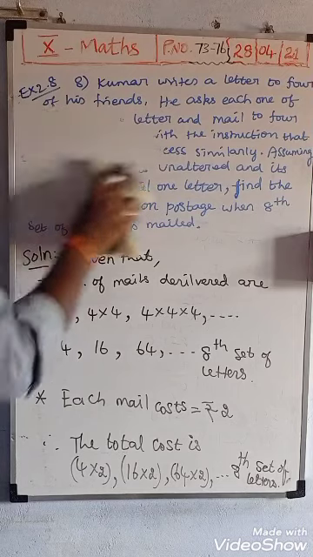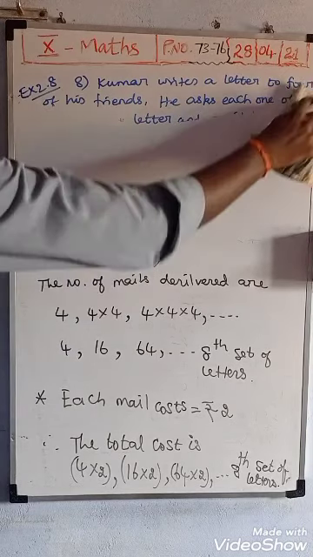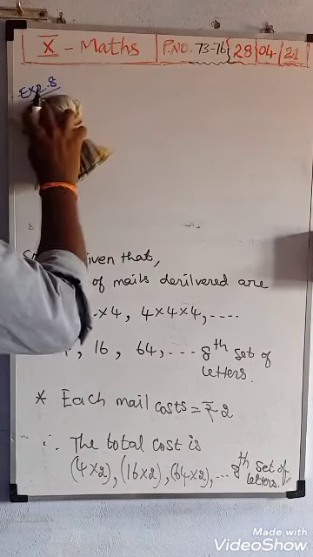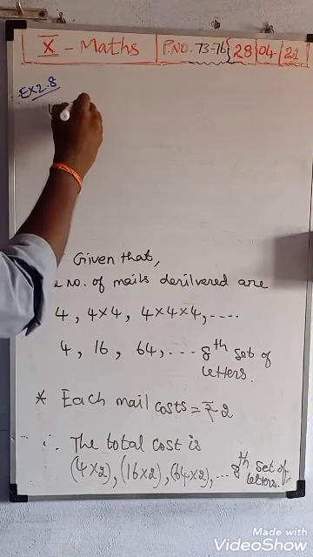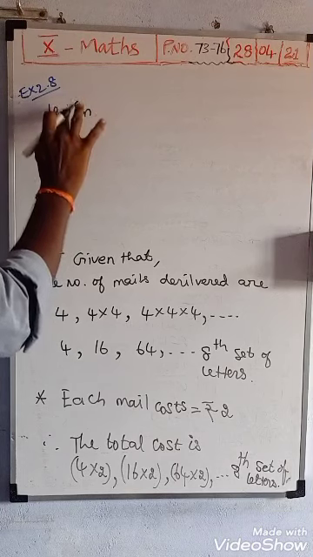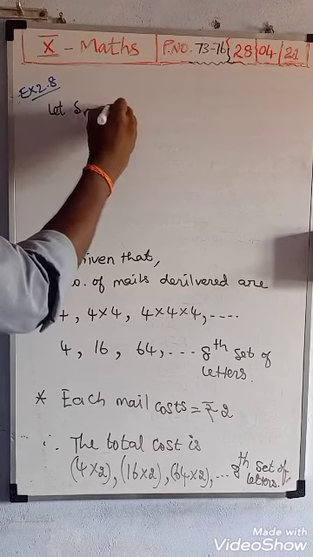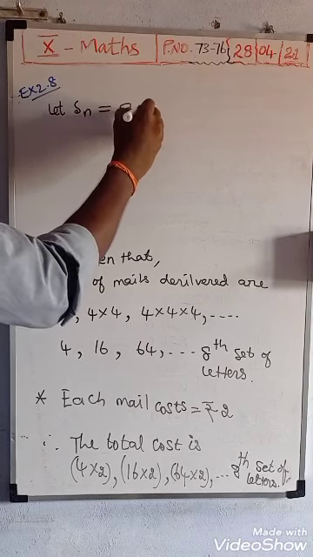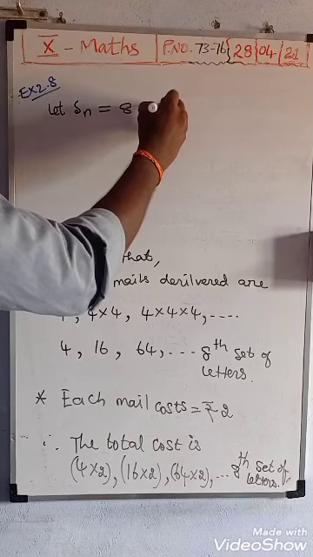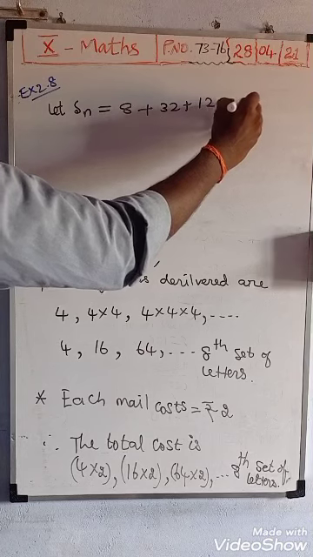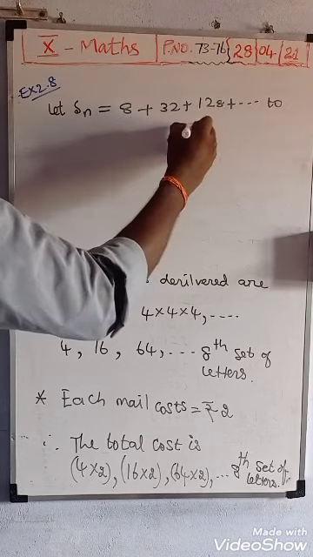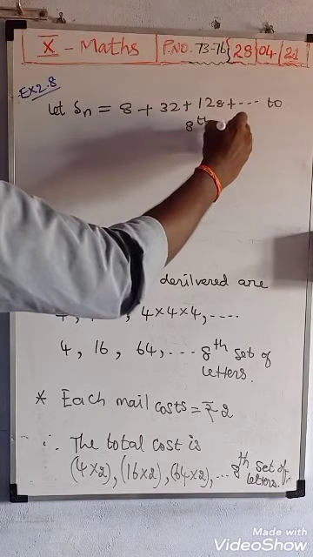Therefore, let the sum of the series be Sn. Sn is equal to 4 twos are 8, plus 16 twos are 32, plus 128, plus so on up to the eighth set of letters.